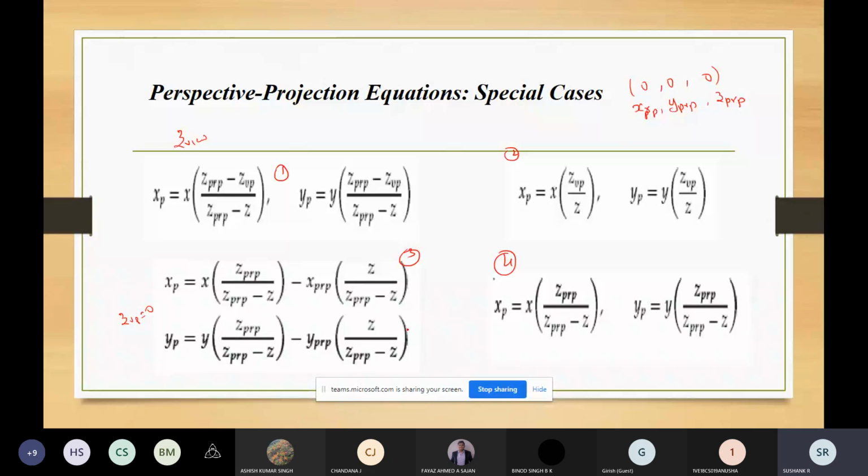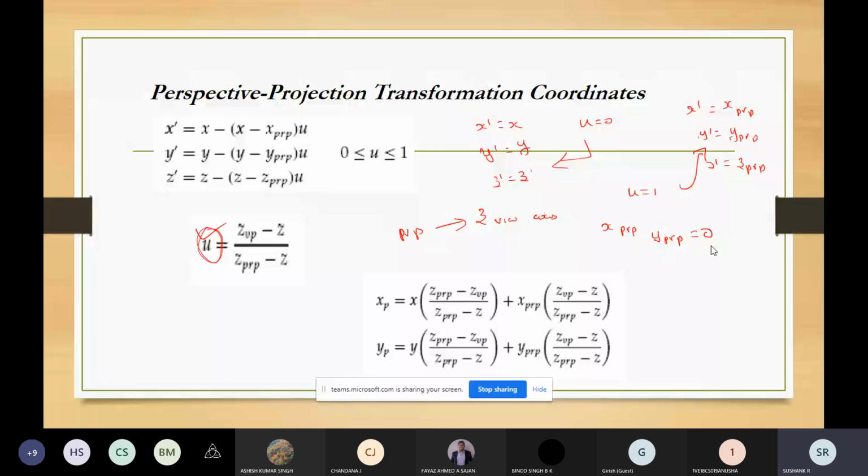But now we are on the UV plane and the projection reference point is on the Z view axis, so X projection, Y projection, and ZVP, all three will become 0. These terms will get cancelled, and this will be the equation you are going to get.